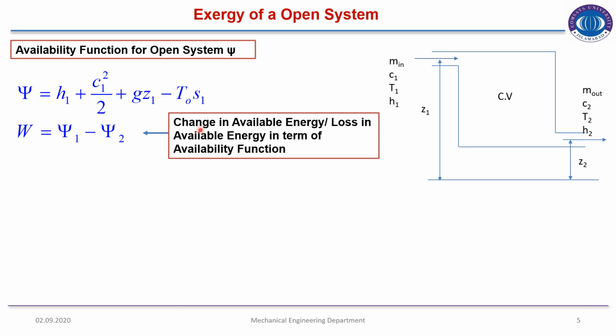If you are asked to calculate the change in available energy or loss in available energy in terms of the availability function in the numerical, then you will use that relation. You will write this relation, then individually calculate the value of the availability function at the inlet and outlet, and the difference of that availability function will tell you the change in the available energy value.